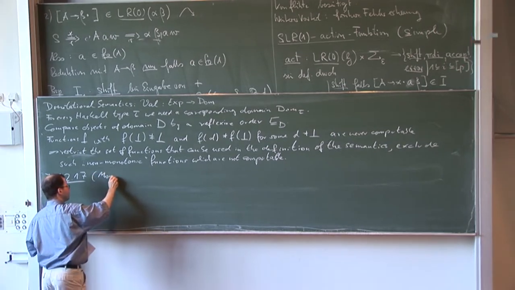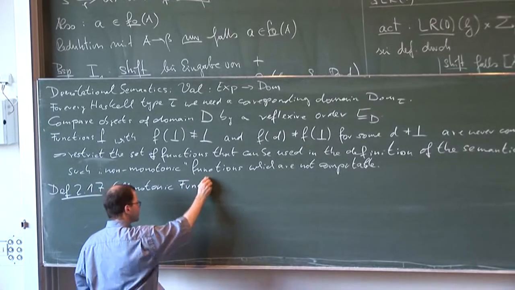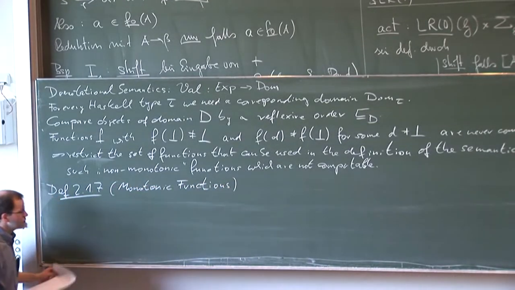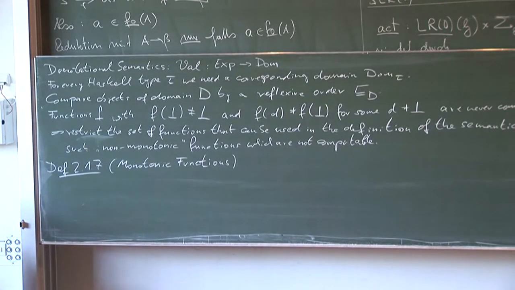So this is the definition of monotonic functions. And monotonic more or less means the same as it usually means, but for the special case where we have this less defined or equal relation.